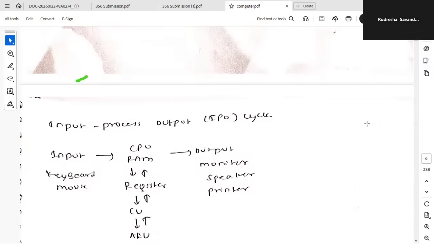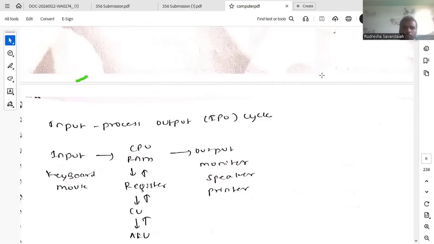See, the input, processor and output, you have a cycle. Input you have in keyboard and mouse. Just look at here, you have a keyboard and then you have the mouse.